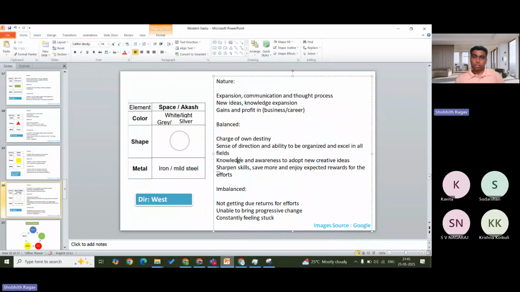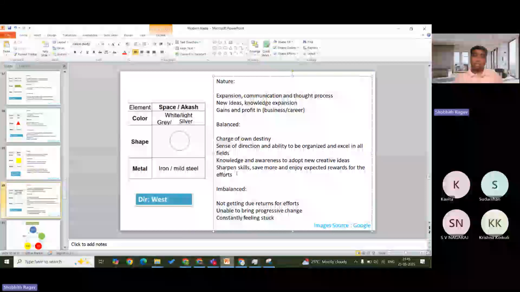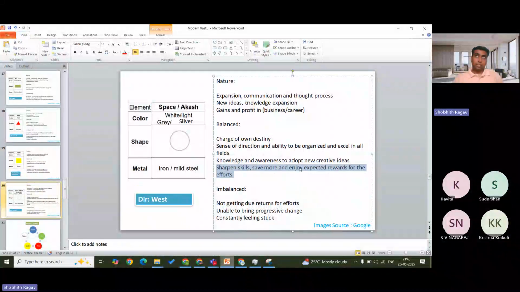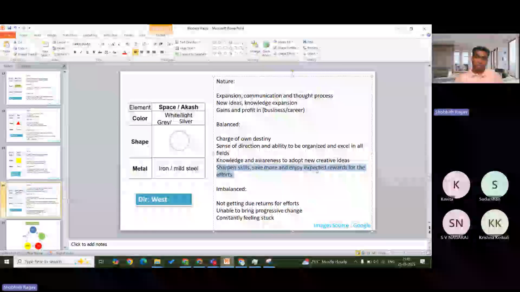This field is also connected to knowledge and creative ideas. And another important feature is whatever efforts you're putting, you will get rewards equal to that.